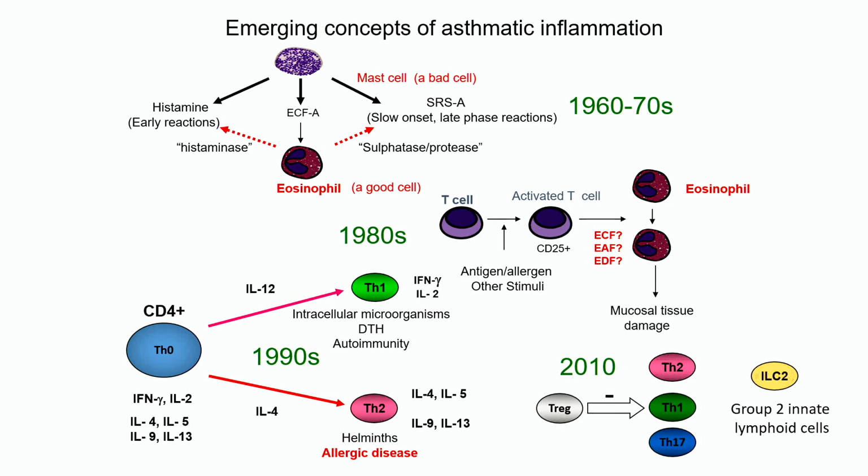And I won't read all that. You can see the historical bits here. But it was about trying to understand the individual cellular components. It was about understanding what chemicals they released, whether they be mediators, whether they be chemokines or cytokines, and putting it together in a way that might reveal new therapeutic opportunities.